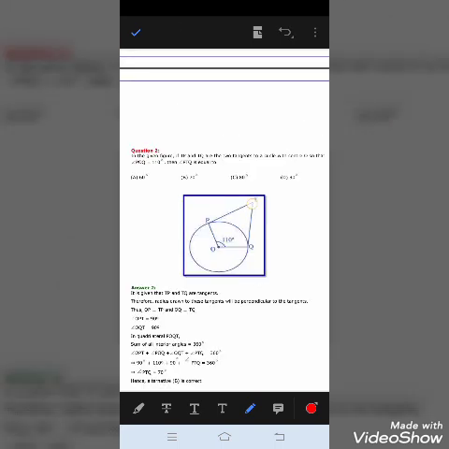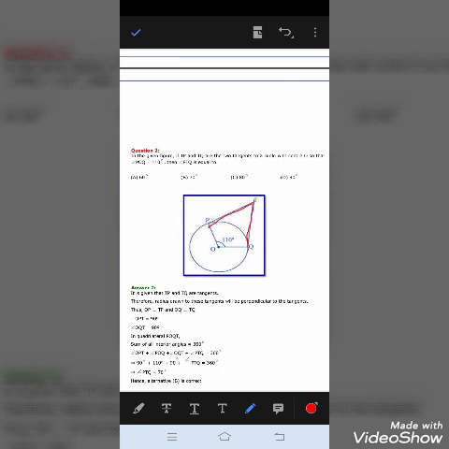Now this is another sum of 10.2. Question number 2: in the given figure, TP and TQ are the two tangents. You might be aware that if a line touches a circle and passes through only one point, it is a tangent. I know my drawing is very poor, but you can understand what a tangent is.